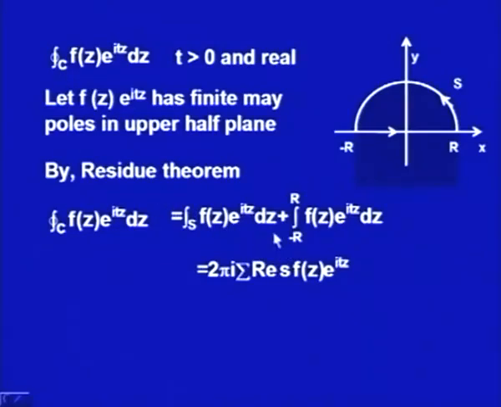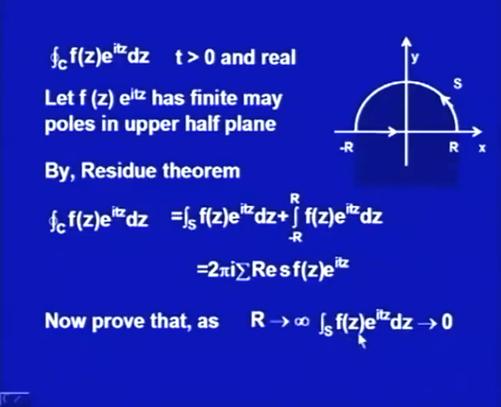Thus we would get that the value of this improper integral from minus infinity to plus infinity of f(x) e^(itx) dx is 2 pi i times the summation over the residues of f(z) e^(itz), where the summation is over all poles in the upper half plane. So, what we now require is that as r approaches infinity, the integral of f(z) e^(itz) dz on the contour S must approach 0.